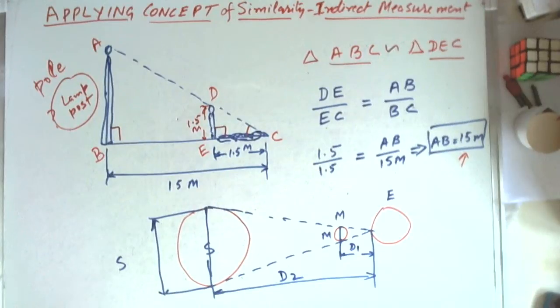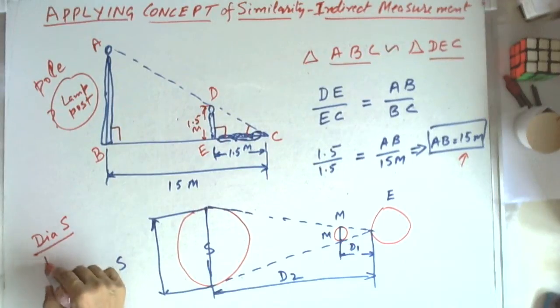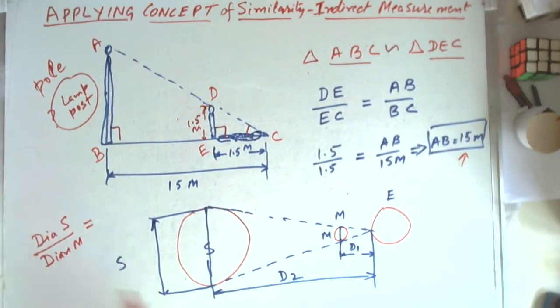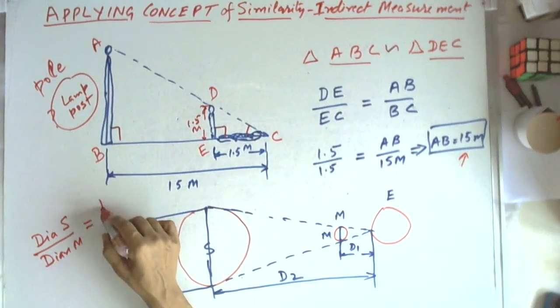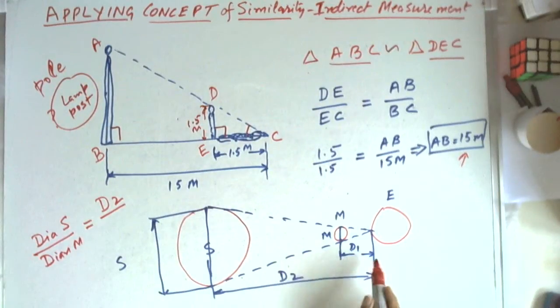Now again, by the concept of similarity, the diameter of the sun over the diameter of the moon will be equal to the distance between earth and sun over the distance between moon and earth.